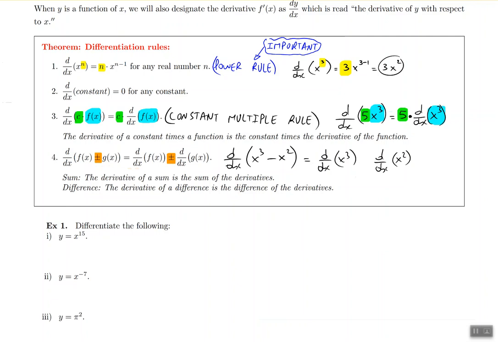Then, because there was a minus in the middle, just stick a minus in the middle of your two answers and you're basically finished. And obviously the derivative of x cubed is going to be 3x squared, the derivative of x squared is going to be 2x, and you're basically done. So that's what we call the sum or difference rule.